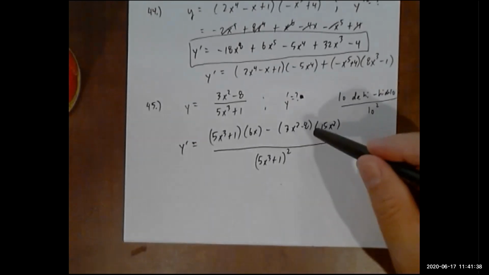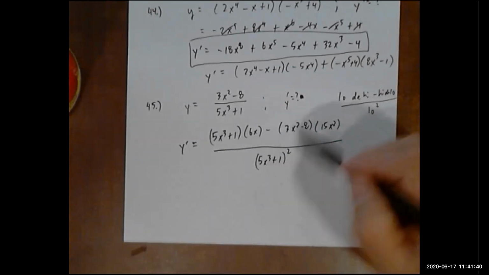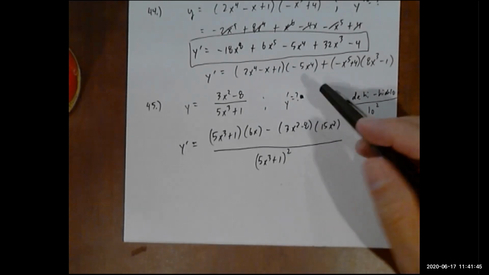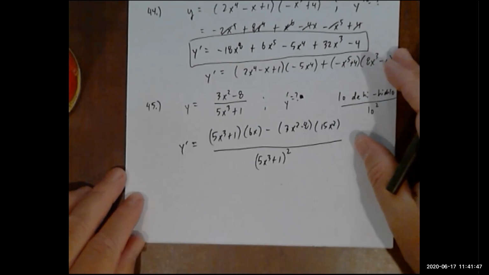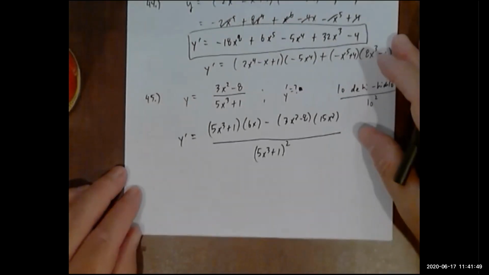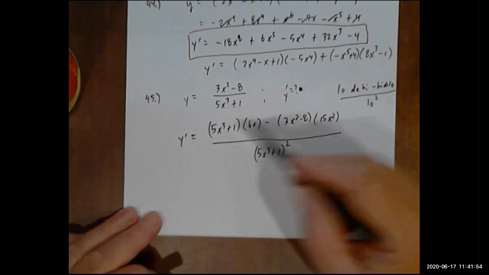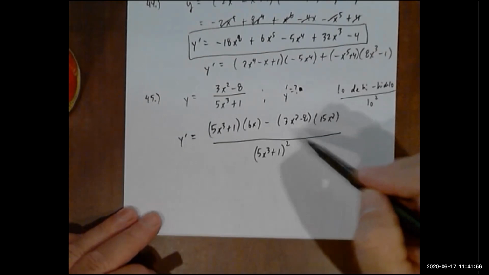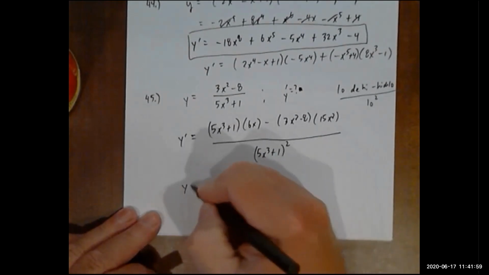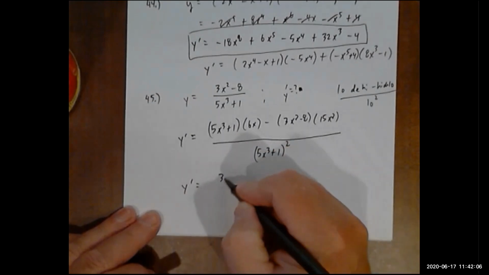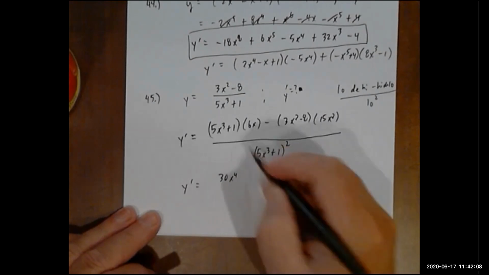Now, part of the problem with problems like this is you try and simplify it some, and you try and put it in the form that hopefully my math lab likes. But you have to be careful with the algebra because it's easy to make mistakes. So for instance, I need to multiply out these parentheses in the top and combine like terms. And then I'll probably stop there, and hopefully it'll like the answer. So the 6x distributed, 30x to the 4th plus 6x.